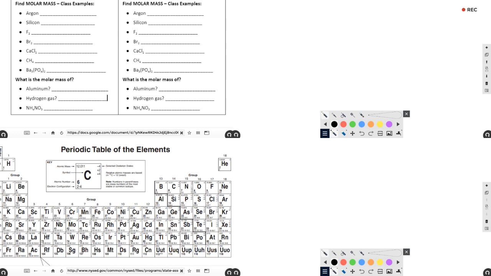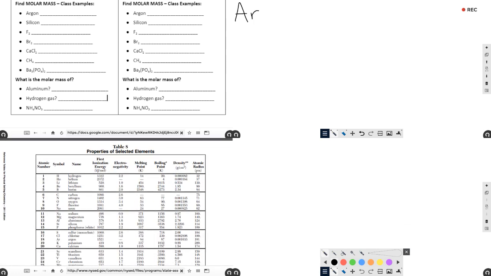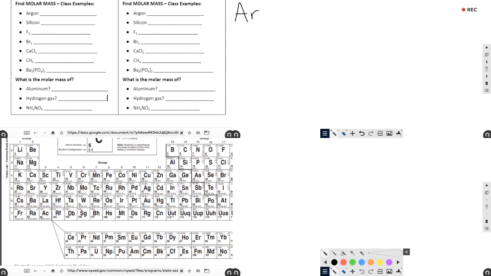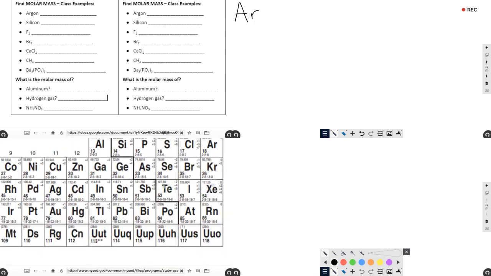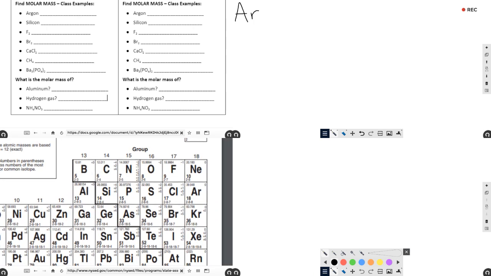So argon. Argon, if you don't remember the symbol for argon, then you've got to go to table S right here, okay? But I do know the symbol for argon, and it's right here, Ar. And on the periodic table, since it's just a single element, it's 39.948 grams per mole.